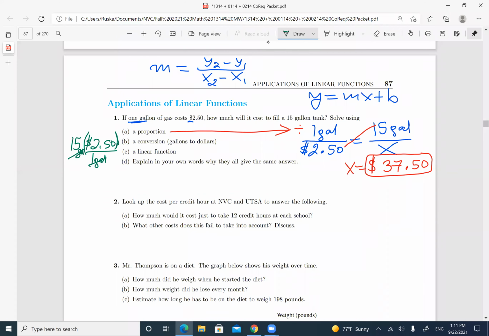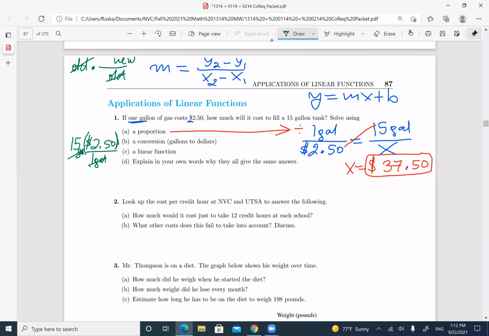Everybody understand that? So conversion is when you cancel the old unit and get the new unit, remember? So that's what you're using. If you have something in the old unit, you multiply by the ratio between the old in the bottom and the new in the top. That's what you're doing with conversions. The old unit cancels and you're left with the new one.